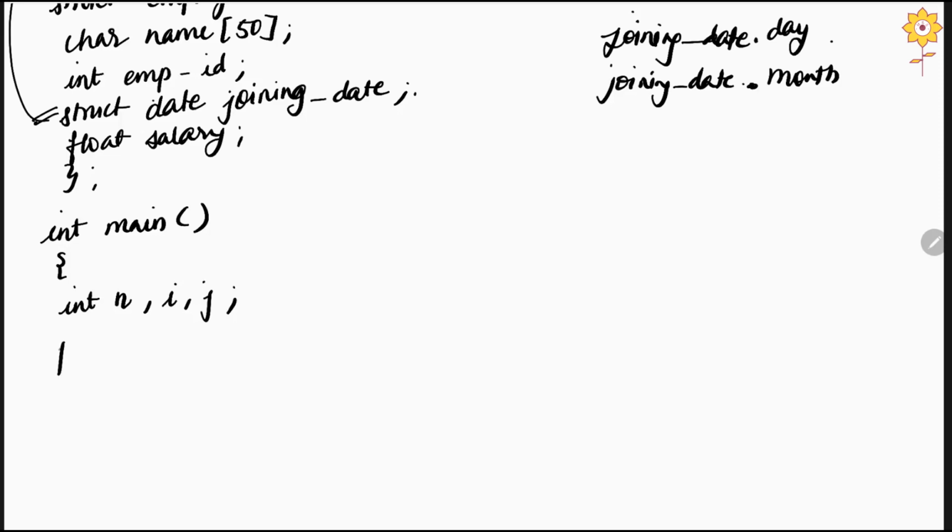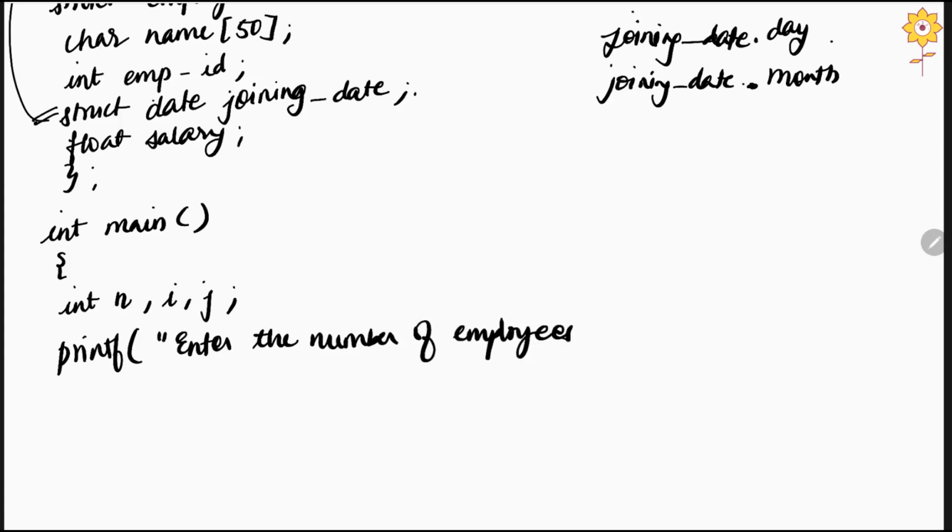After that, we will write a printf statement. In that printf statement, we are going to write "Enter the number of employees", \n for new line, and then you will write scanf to read the data or accept the data from the user, %d because n is of integer data type, comma, ampersand and n because the variable's name is n.